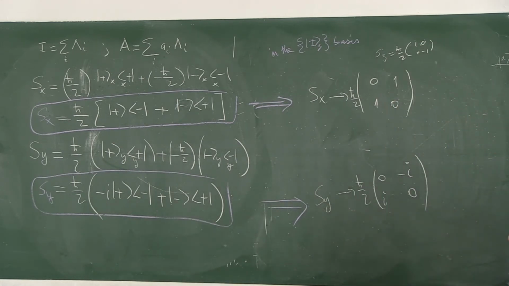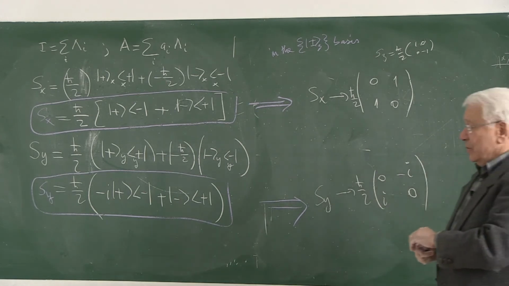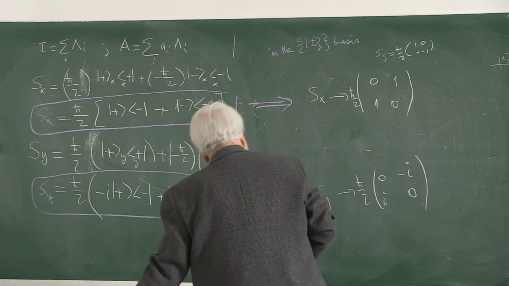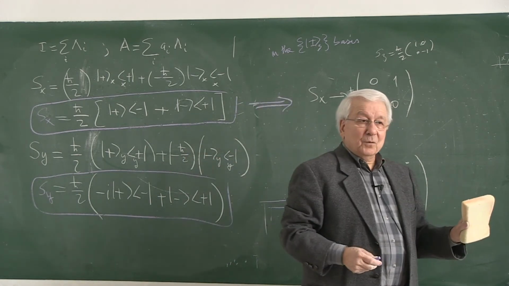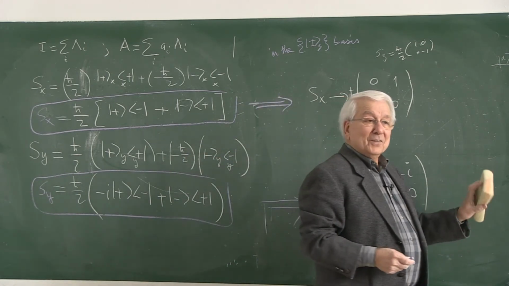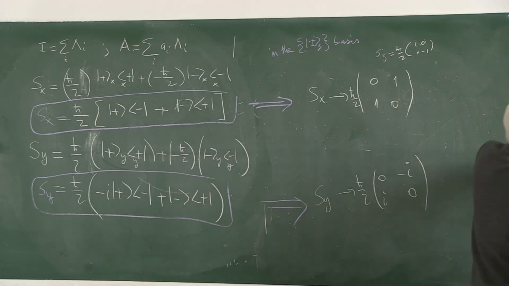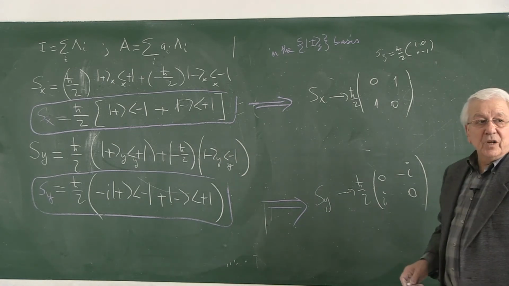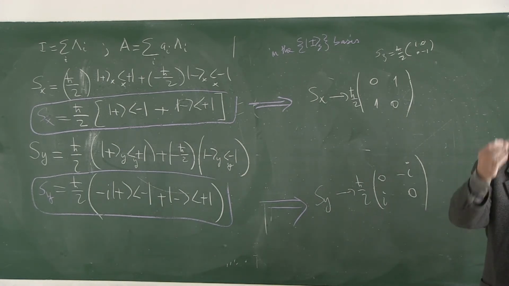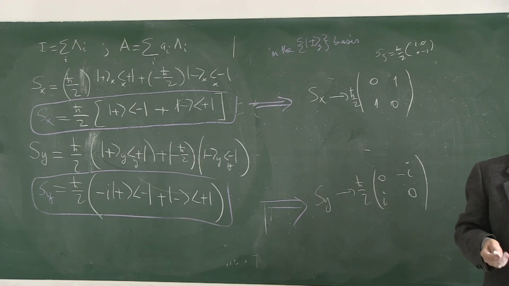Now let me list the matrix representations. These are the operators. You see, we are constructing the Pauli algebra. Isn't that nice, that we could do this from the very basic axioms of quantum theory? We are constructing them, not writing them down. We are constructing from first principles.